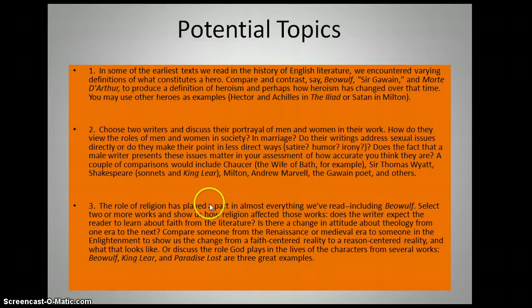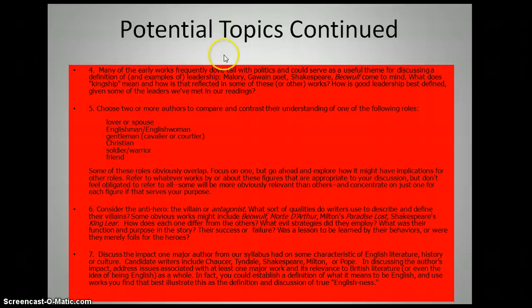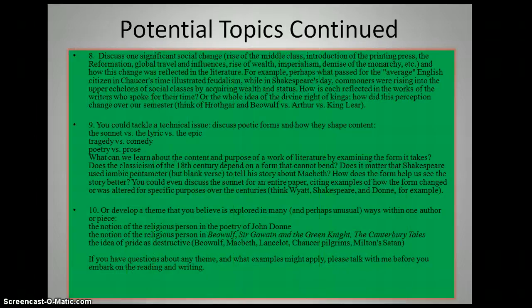You see one here addressing religion, okay? You see one, the portrayal of men and women, okay? There's some more here about leadership, okay? And again, right on through. Talking about developing a theme that you believe is explored in many and perhaps unusual ways within one author or piece.